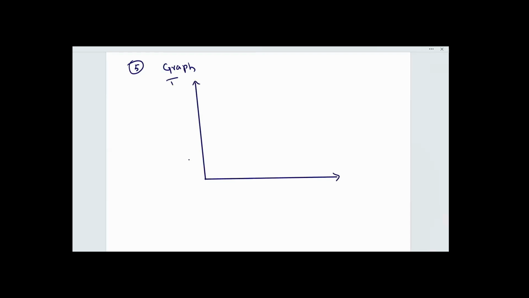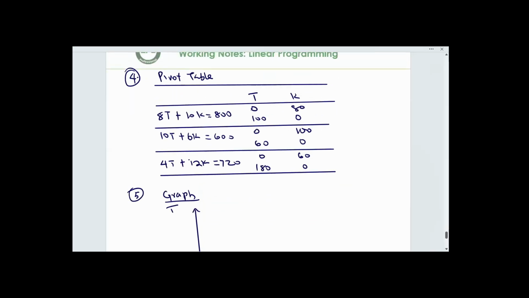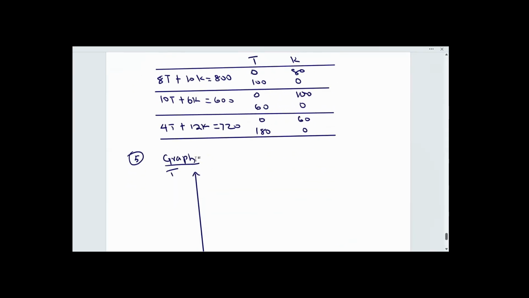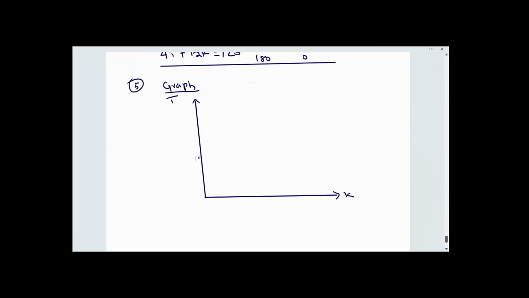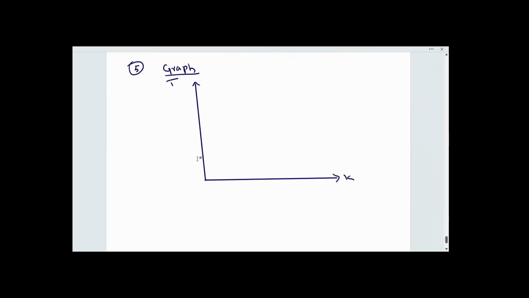So let's say this is T, this is K. So we want to plot T against K. Now, from our pivot table, the highest is 180, the lowest is 60. For K, highest is 100, lowest is 60. So we can do 50-50.